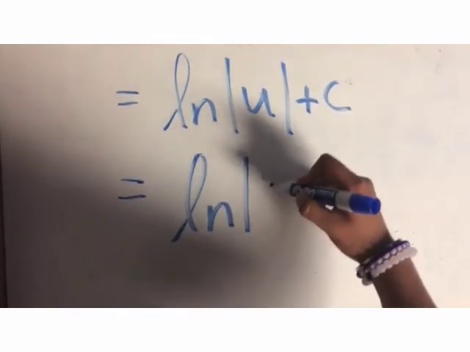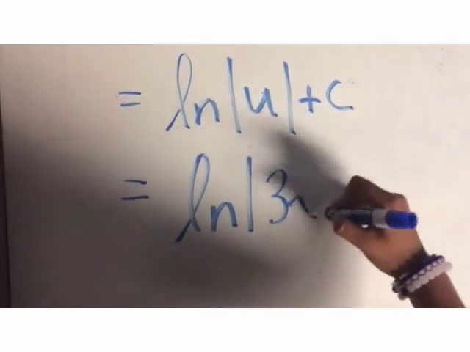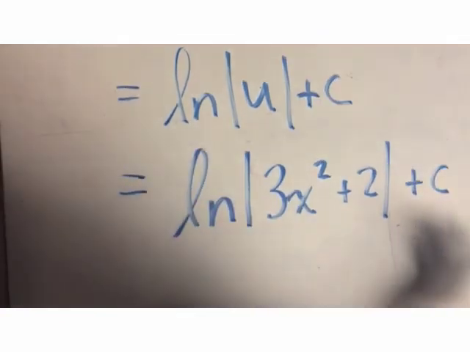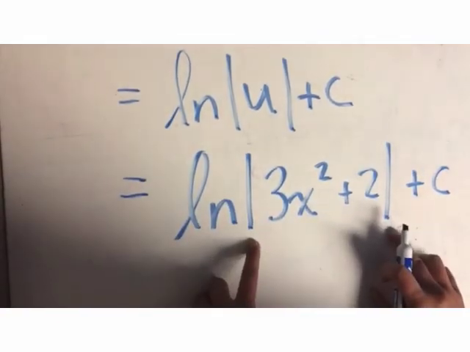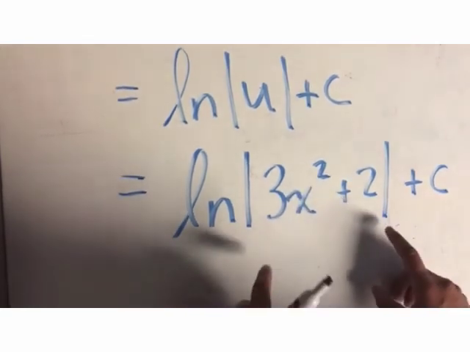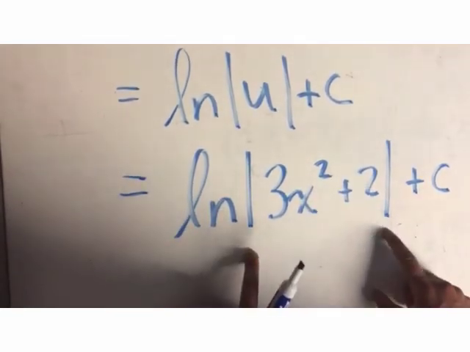So I have ln absolute value of 3x squared plus 2 plus c. Really here, you don't need the absolute value signs because with this function being squared, it will always be positive, but it's always better to be safe and have your absolute value signs.